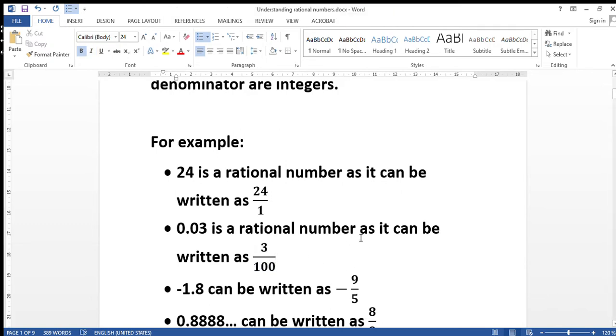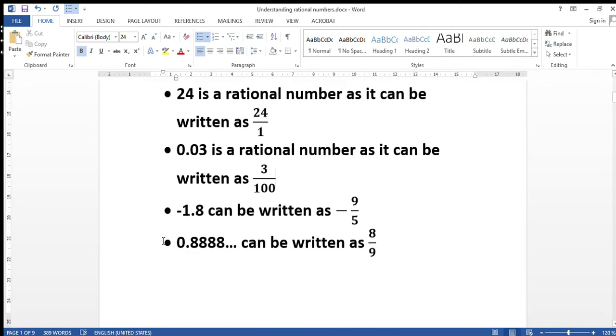Next up we have negative 1.8. Negative 1.8 can be written as negative 9 over 5. You might wonder how I got negative 9 over 5 here.